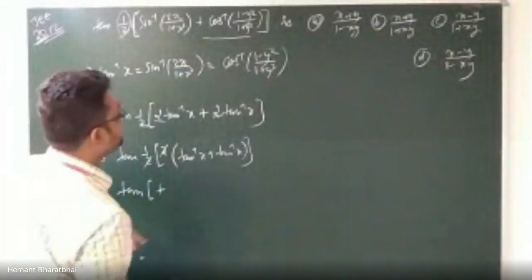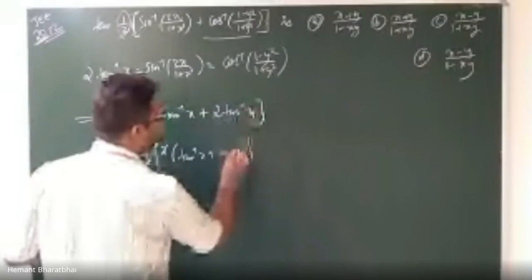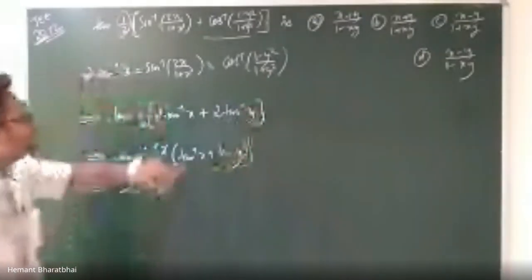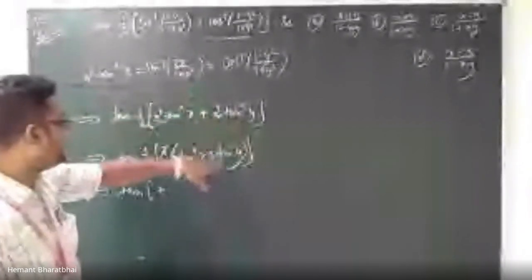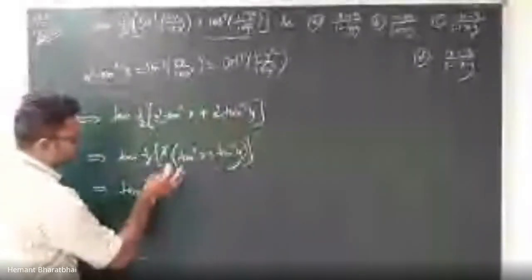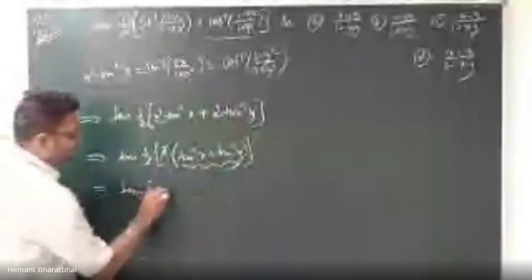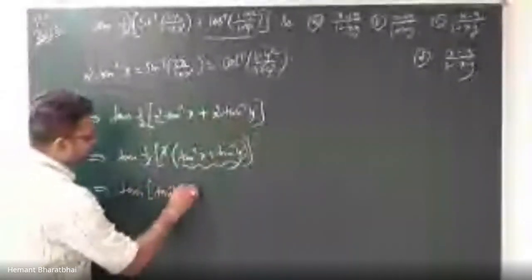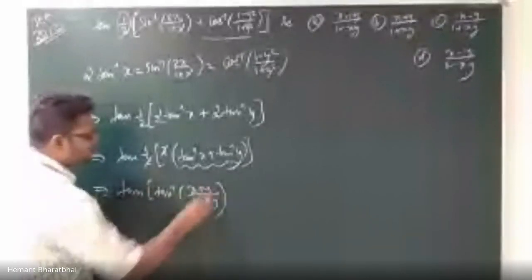Oh, sorry. Here you have y, so this will be tan inverse of y. Here I have x in the question, so here I will have to write x. So 2 gets cancelled. Now I have tan inverse of x plus tan inverse of y is nothing but tan inverse of (x plus y) upon (1 minus xy).